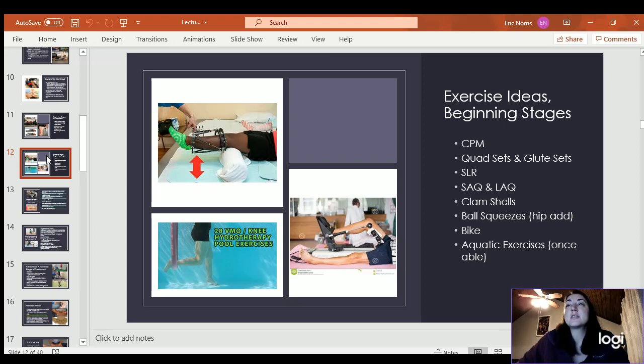All right, so exercise ideas for the beginning stages. CPM is continuous passive motion. Typically that's more while they're in the hospital. They'll have a machine like that depending on the surgery and if they actually are in the hospital, because a lot of these surgeries are now same day, outpatient surgical procedures, so they're released right away.